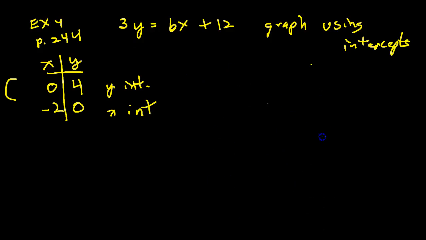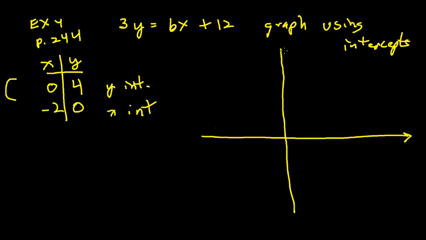Let me erase this work here, and I'll go ahead and generate the graph of the line. Y-axis, x-axis. If x is 0, y is 4. Oops, sorry, made a mistake there. Let me try it again.